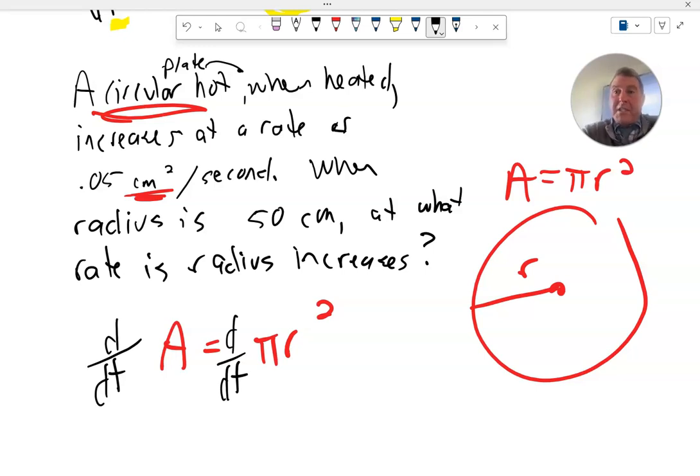Similar process here. I'm going to start with a boring, static, thousands of year old geometrical formula, which fits the problem, and I bring it to life by differentiating with respect to time, t. And in this case, t would be in seconds.